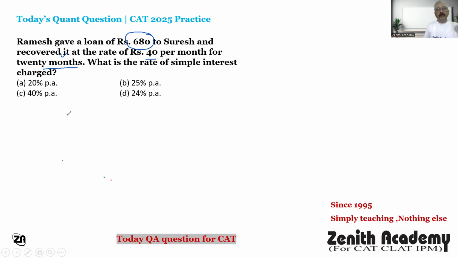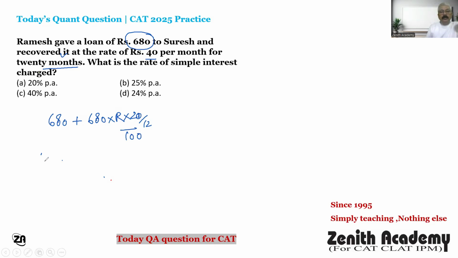If the rate of simple interest is R% per annum, then 680 rupees after 20 months will be 680 plus 680 into R, the rate percent per annum, into time, 20 by 12 of a year, upon 100.